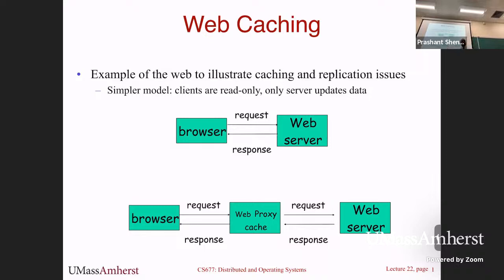If the cache already has the requested content, you have a cache hit, and then the responses are sent back. If it's a cache miss, the proxy has to fetch the content from the web server, then it will get a response, and then it will respond back to the browser. That's the general model you want to keep in mind.